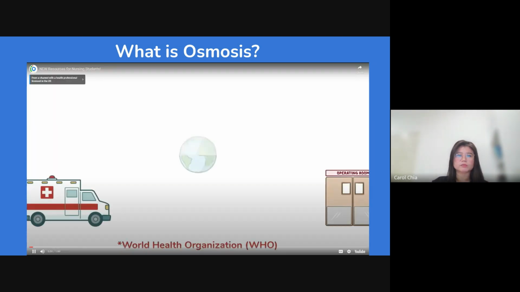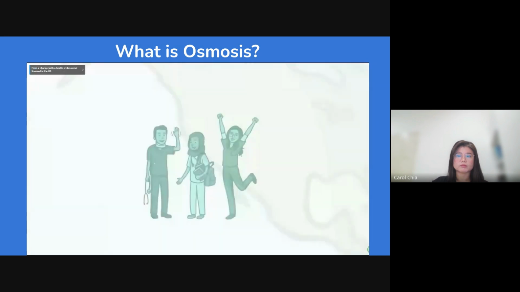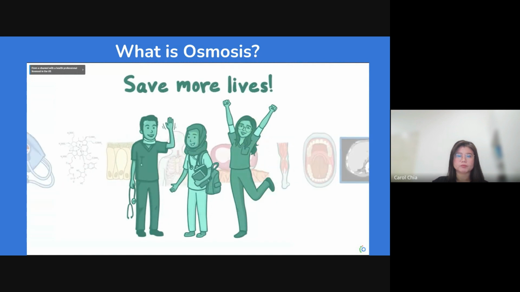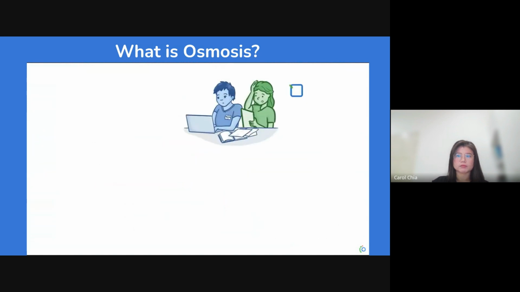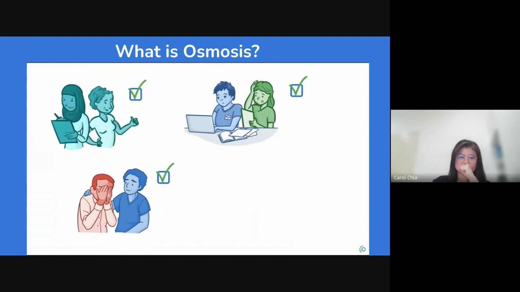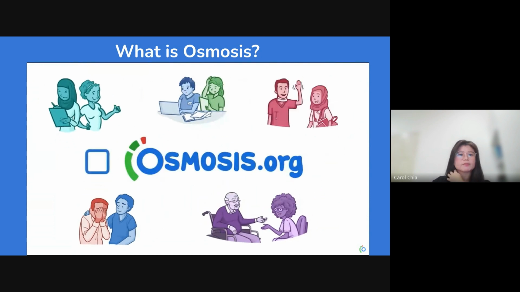Did you know medical error kills millions of people every year worldwide? As medicine evolves, we need a different kind of nurse to help prevent these errors and save more lives. Today's nurses now need greater critical thinking skills, higher emotional intelligence, resilient soft skills, and a deeper understanding of their patients. Osmosis is here to help change nursing education and help you gain these crucial skills.